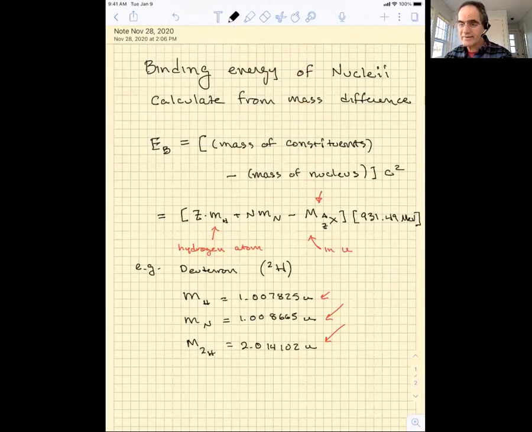I need to include all the significant figures in order to get an accurate result.